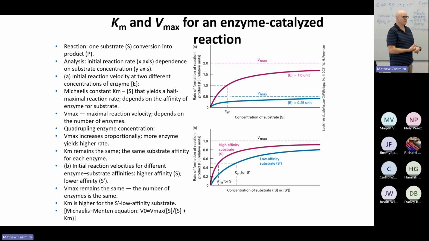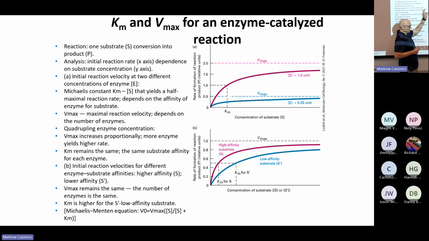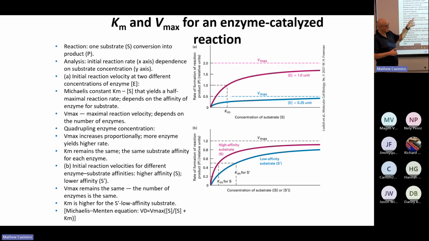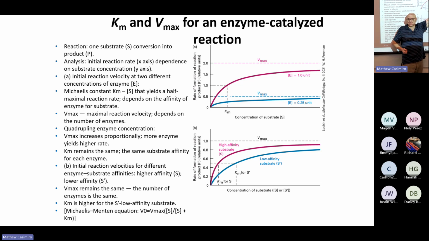You can imagine the enzyme having one active site to bind the substrate. It doesn't matter if you've got a million substrate molecules. There's only a limited number of sites for the substrate to bind to. If you increase the enzyme concentration, you can increase the rate of the reaction.